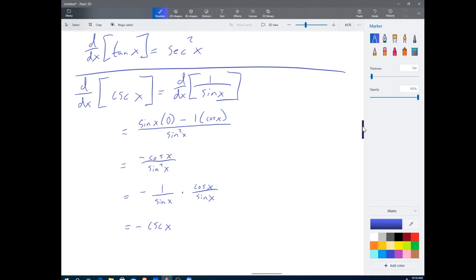Cotangent. This is going to be the expected version of the answer. So when you take the derivative of a cosecant, we're going to get negative cosecant x cotangent x.